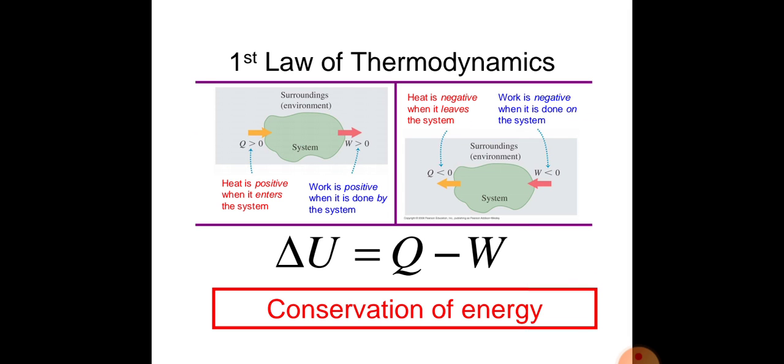Now moving forward, before going to the types of processes, we have to know about the first law of thermodynamics. As shown in the figure, the first law is related to the conservation of energy.